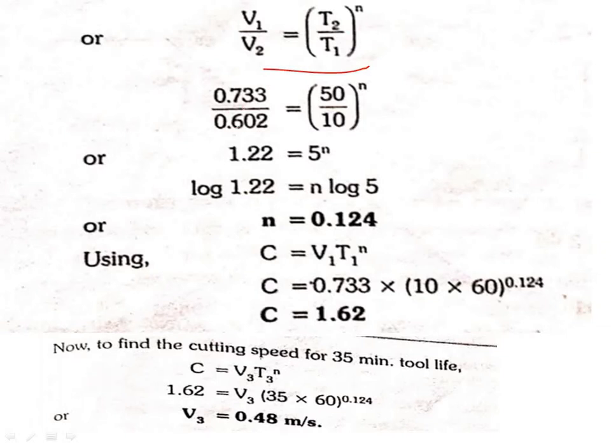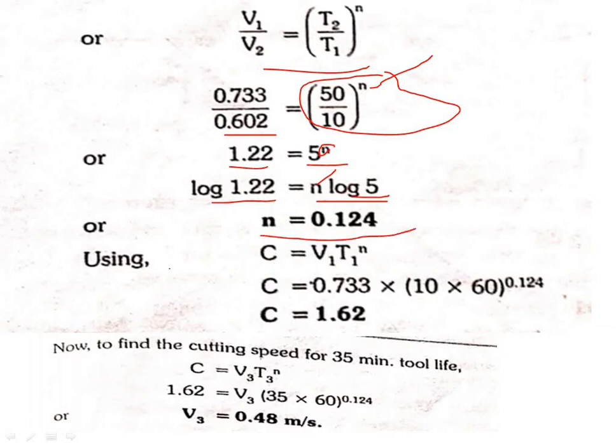So 0.733 divided by 0.602 is equal to 50 by 10 raised to n. So that you will get 1.22 is equal to 5 raised to n. Log 1.22 is equal to n log 5. So therefore n is equal to 0.124.